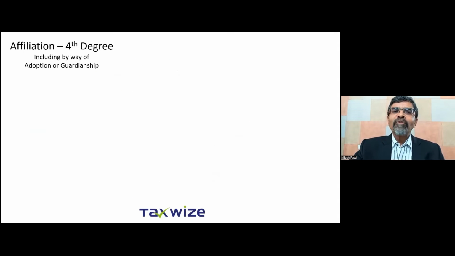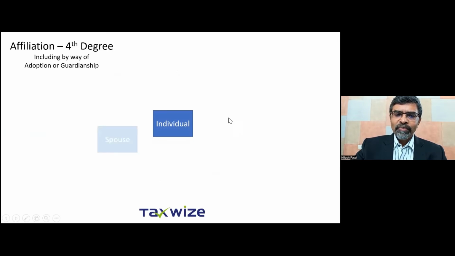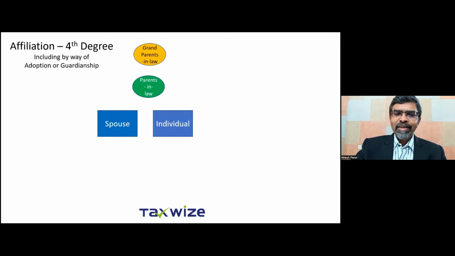Now I come to affiliation. Affiliation means relations because of marriage. Individual, say me and my spouse, my wife, her parents are my parents-in-law.